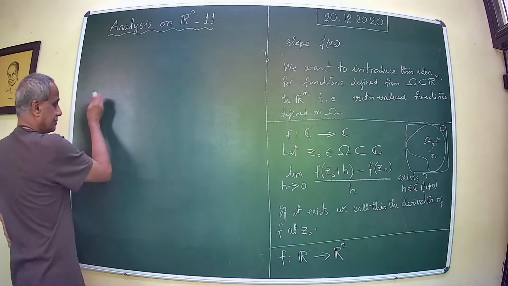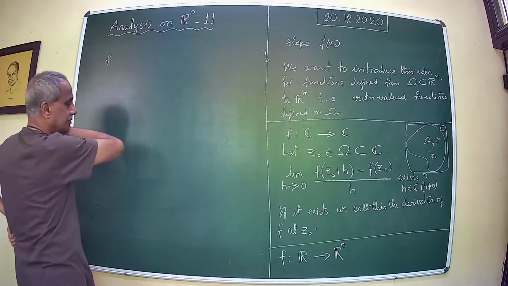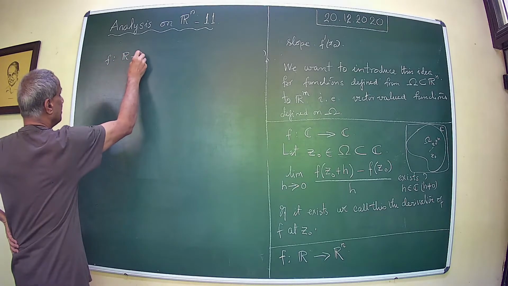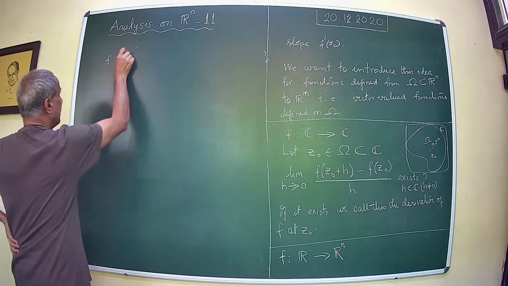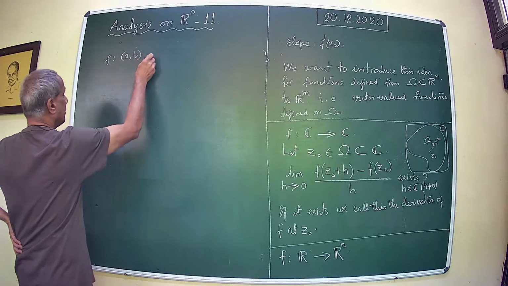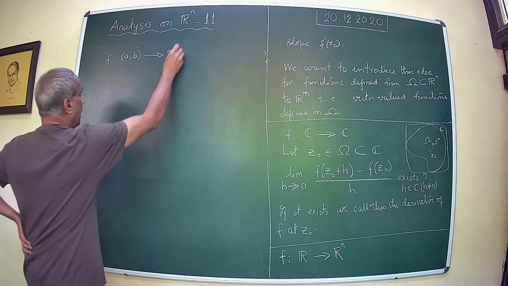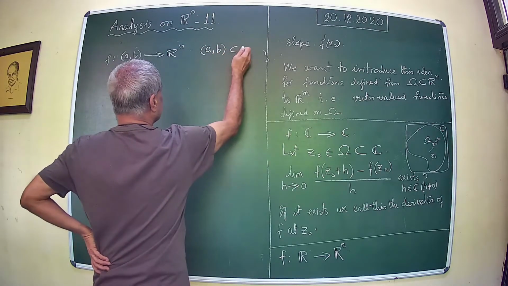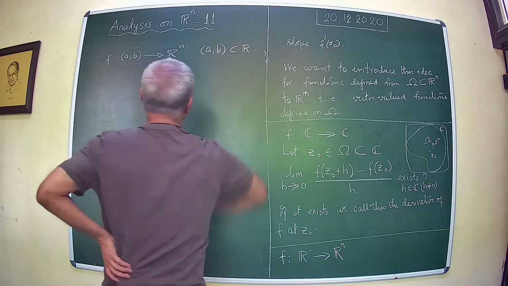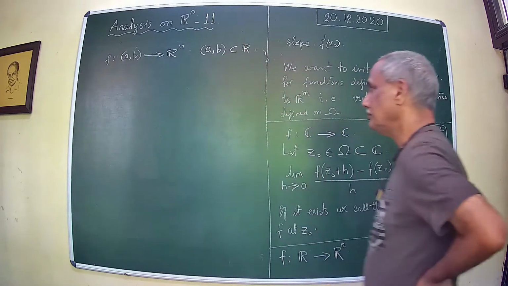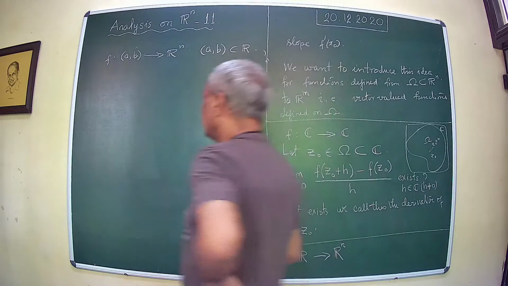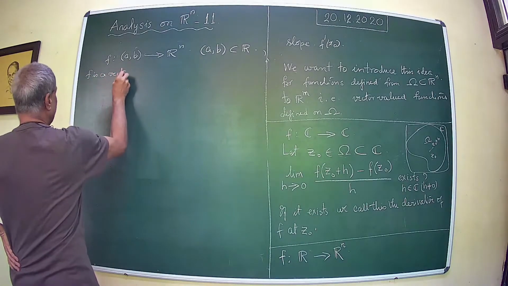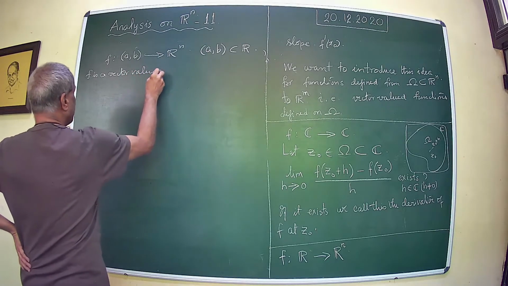Suppose f is defined from R to Rn or some interval ab, where ab is contained in R. That means f is a vector valued function.